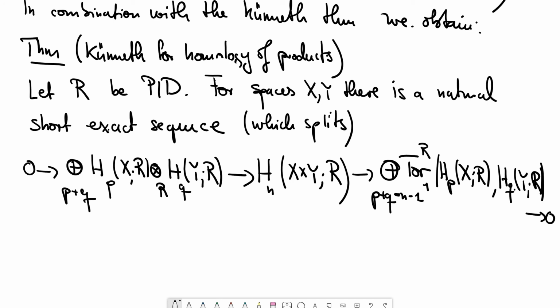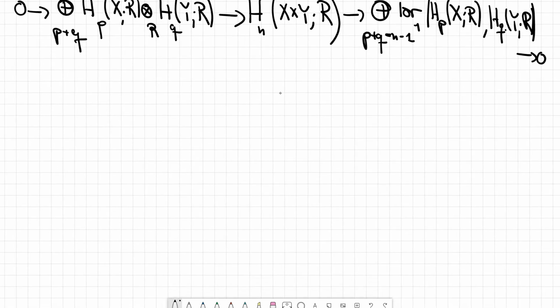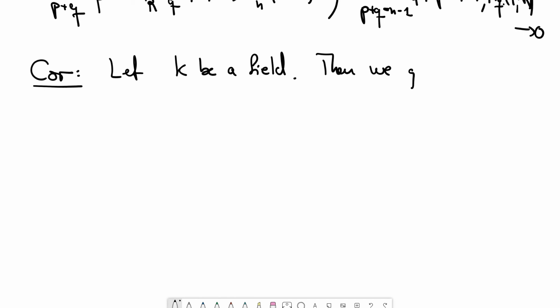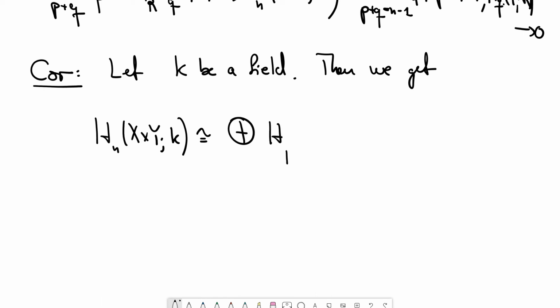These Tor terms, in general, of course, do not vanish. There is a situation which I want to state explicitly where this becomes an even cleaner statement, and this is the situation where we have a field. So our ring R is now a field, and we call it K. And then we get the best possible statement, namely the homology of x times y over K is just the sum of tensor products of homologies.